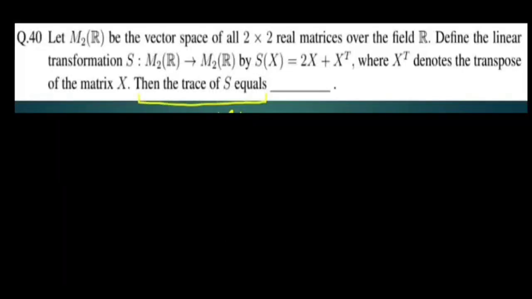GATE 2018 Linear Algebra question for 2 marks, where S such that M2R tends to M2R by Sx equal to 2x plus x transpose.